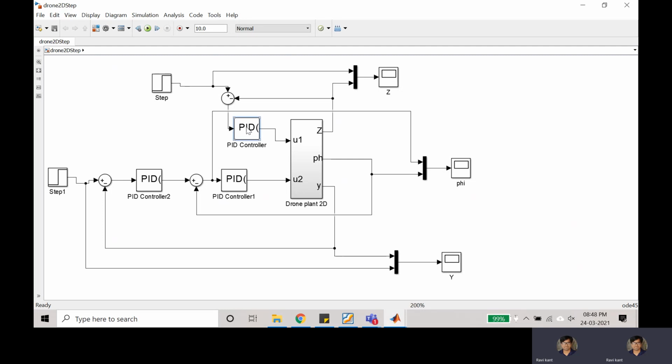The philosophy is it is taking the output signal as a feedback in minus, and it is taking the reference signal and giving an error, and based on this error the PID will act autonomously. In similar fashion, three PIDs will be needed because we have three outputs. So once I run this plant, let's see what happens.